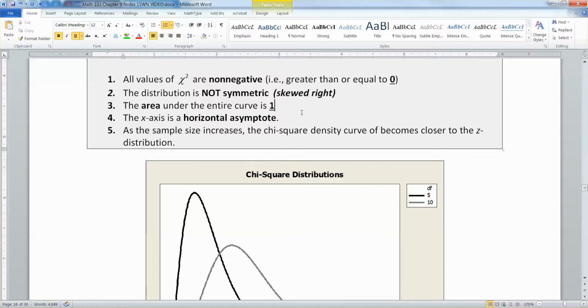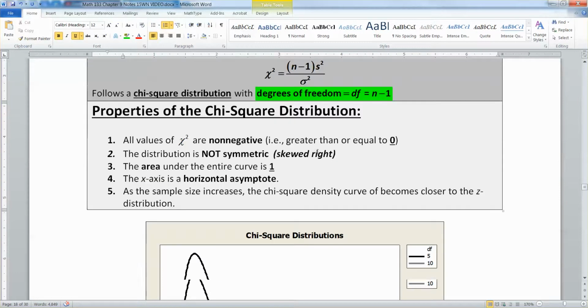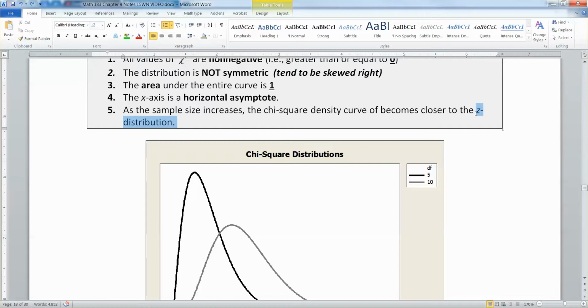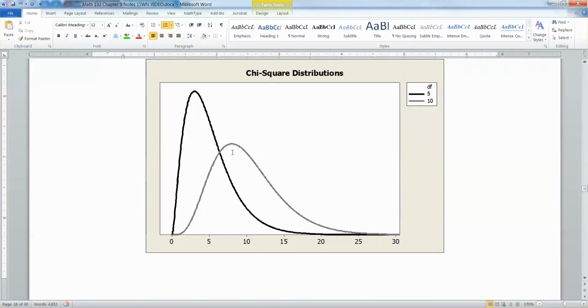They're not symmetric. And last but not least, and this is the important thing, which is why I said "tends to be": as your sample size increases, your chi-square density curve becomes closer and closer to the z distribution, the normal distribution you know and love from all of chapter 7, and 8.1 and 9.1, the standard normal distribution. You can see that the gray curve is already looking more normal than the black curve.